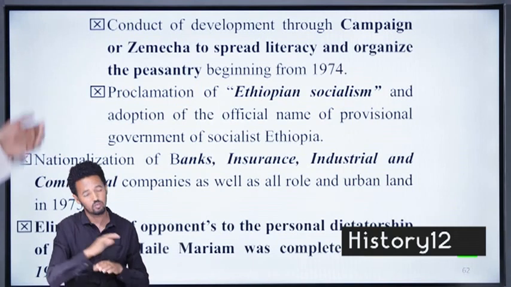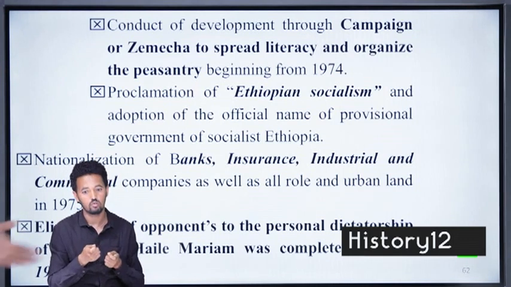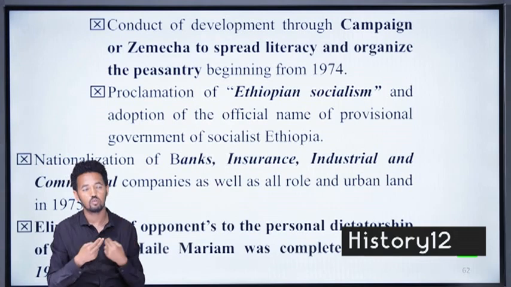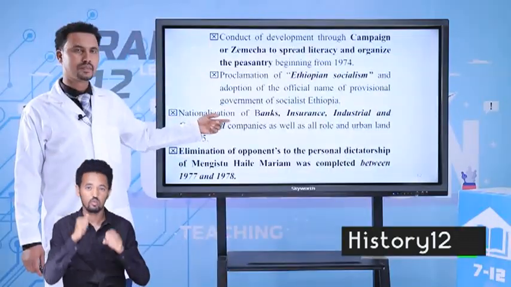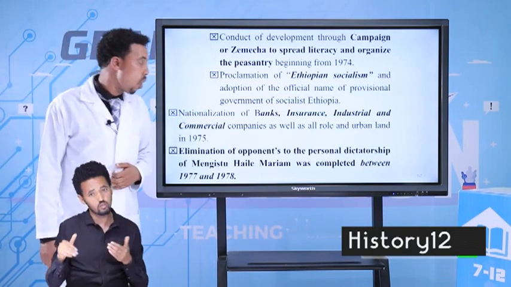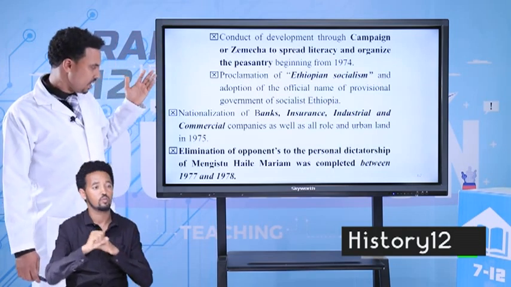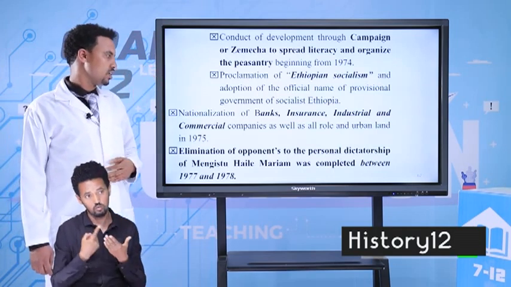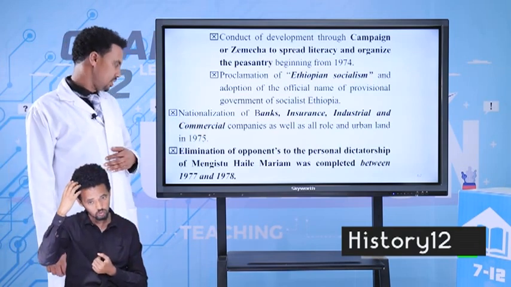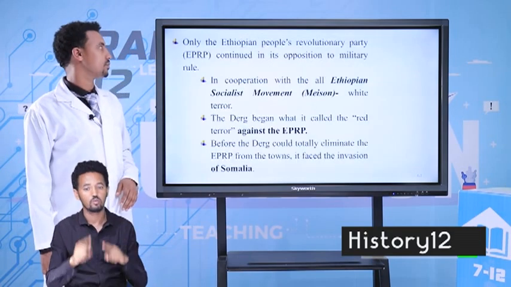The other one, proclamation of Ethiopian Socialism and adoption of the official name of Provisional Government of Socialist Ethiopia. The other one, nationalization of banks, insurance, industrial and commercial companies, as well as all rural and urban land in 1975, and eliminating opponents to the personal dictatorship of Mengistu Haile Mariam, which was completed between 1977 and 1978.